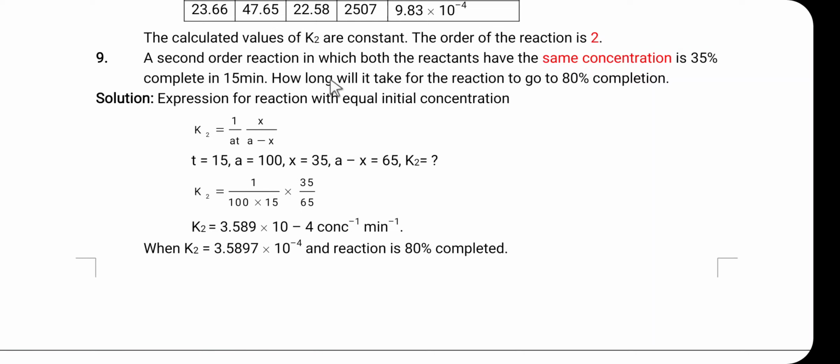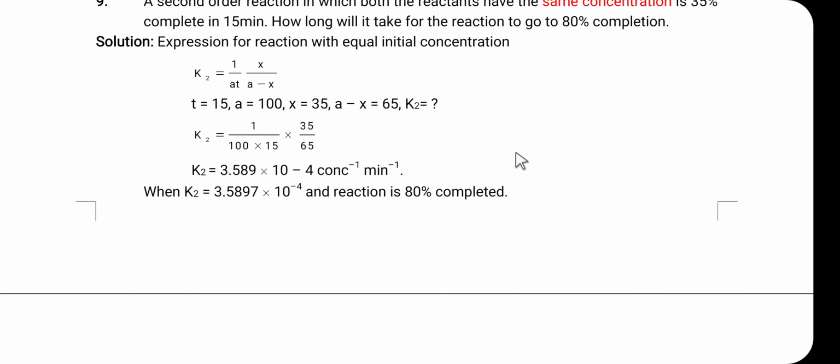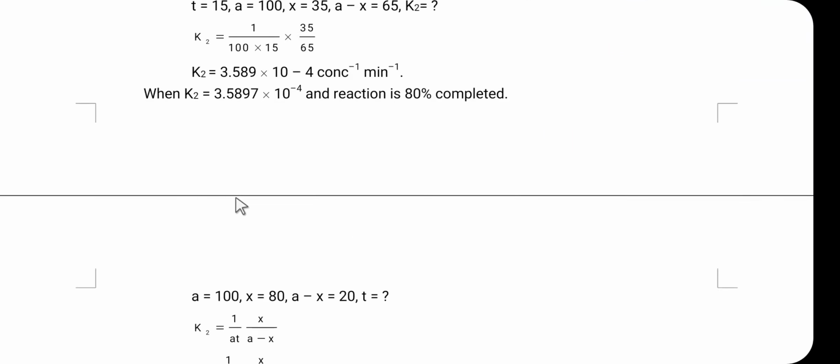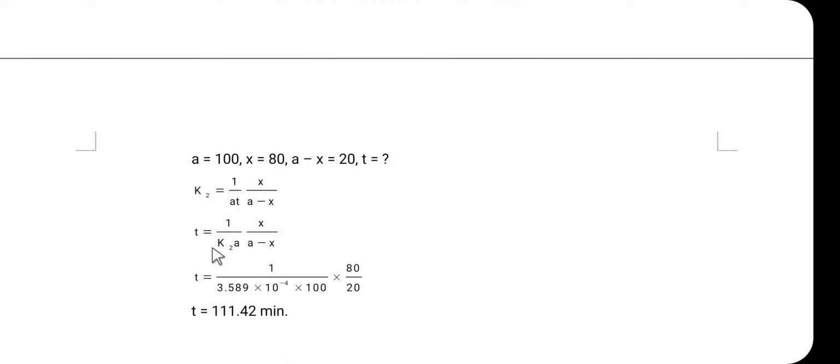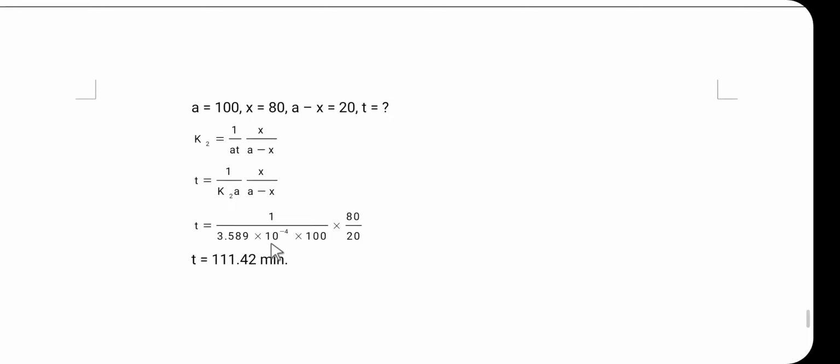In the second step, we have to find out how long it will take for the reaction to go to 80% completion. So, for the 80% completion of the reaction, what is the time? By using the value of K2, we have to find out t. Here A is equal to 100, x is equal to 80 and A minus x is equal to 20, and we have to find out t. The expression can be rearranged: t is equal to 1 upon K2 into A, x upon A minus x.